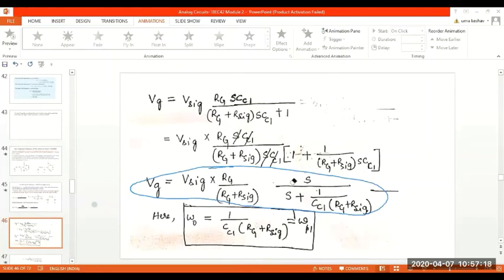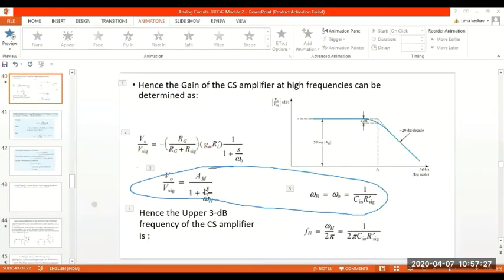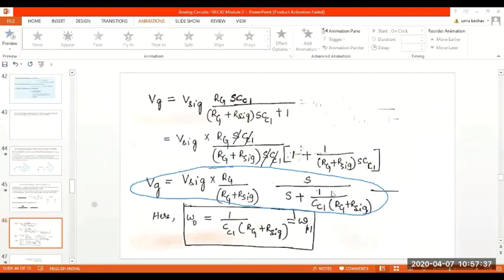There we have shown that for a low pass filter, the expression will be in this form: the gain divided by 1 plus S by omega naught. And for a high pass filter, it will be in this form: Am into S by S plus omega naught. So I'll just send you those documents. Have a look. And then in the next class, maybe for the first half an hour, we'll analyze this.